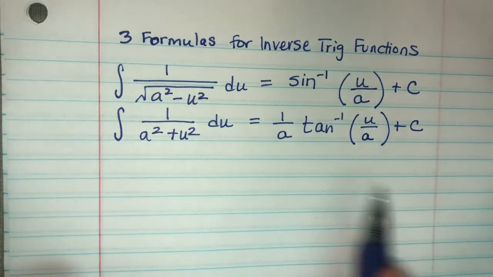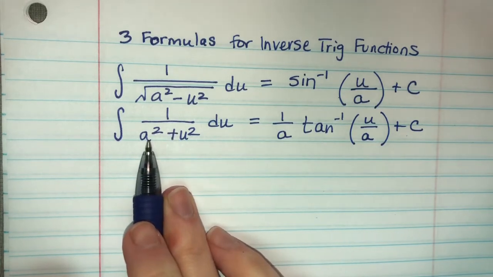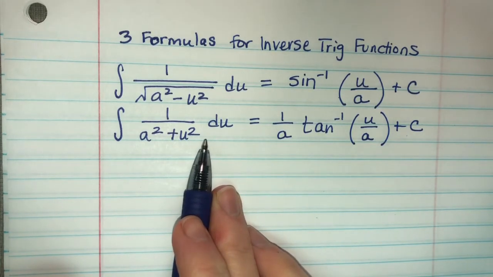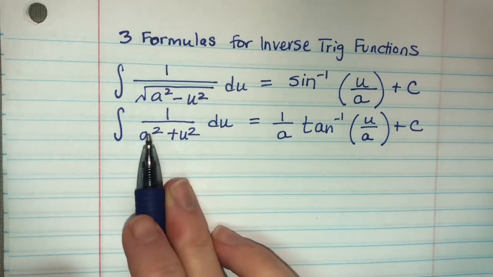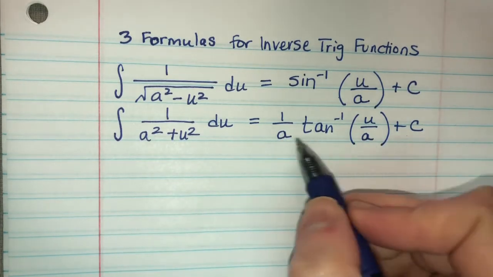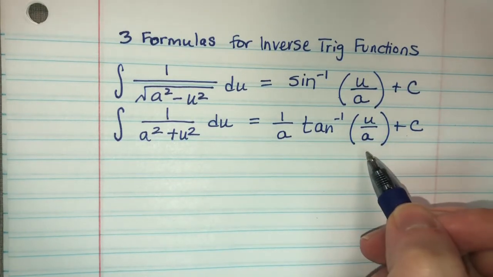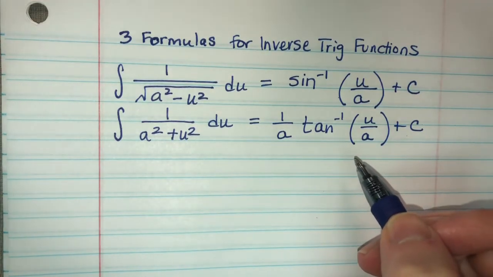So again, it was originally 1 over 1 plus x squared, but now we're going to be able to do it with some other constant value here, not necessarily a 1. If these were 1s, then this would just look like the rule you already used. So that rule that you've already used is a special case of this one.